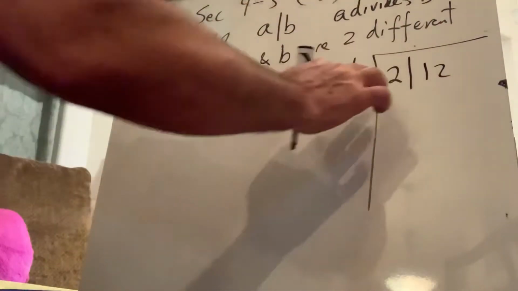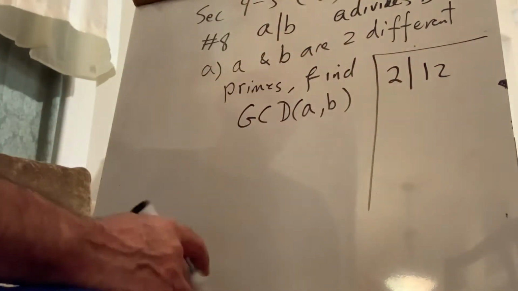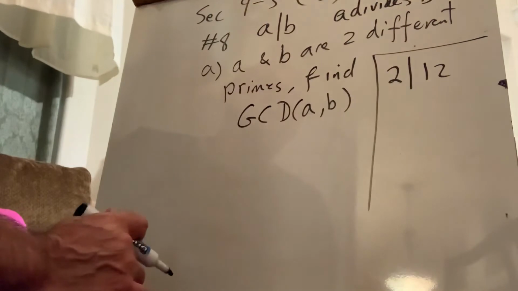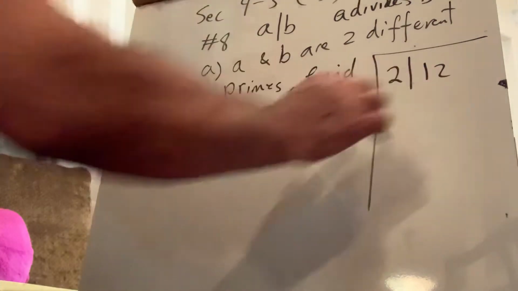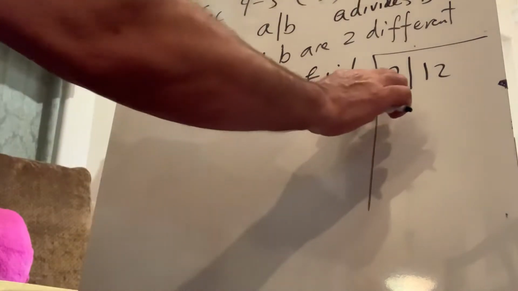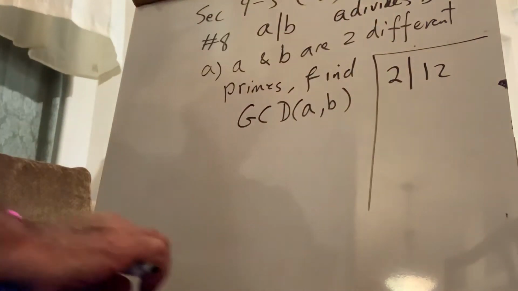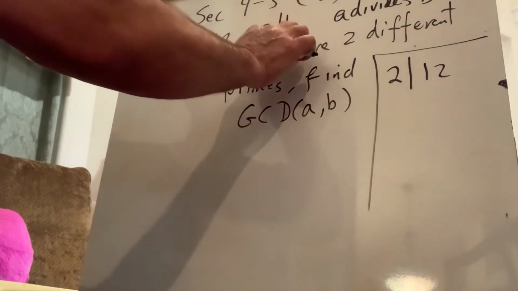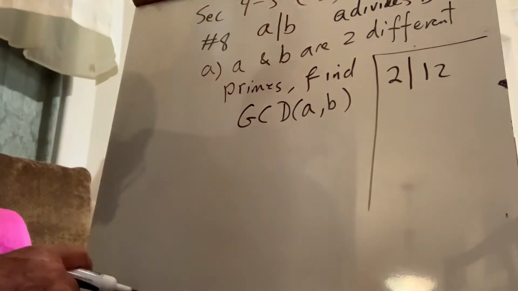Why? Because 2 obviously divides 12. In other words, 2 is a factor of 12. So divisor means the same thing as factor, and if you want to say A divides B, you write A and then a vertical line B.